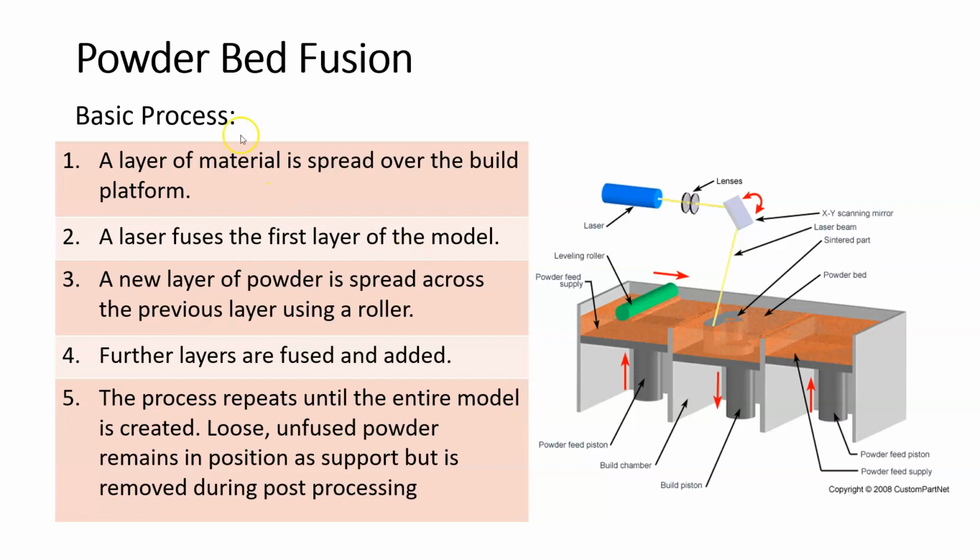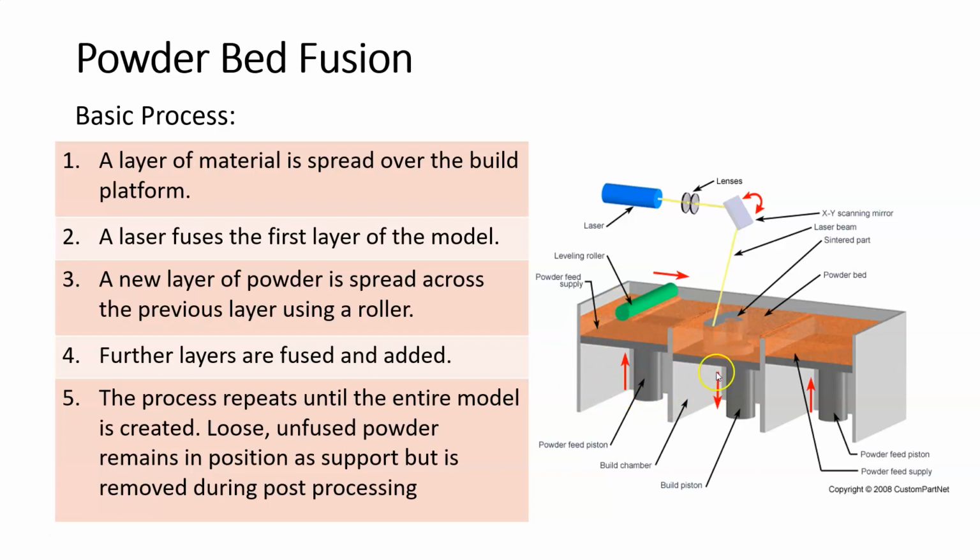Okay, so before we get into the basic outline here, let's look at the figure. All right, so you can see there's 3 areas where we have powder. The powder is going to start in this left powder feed supply. So imagine that this area is filled, this reservoir, and the powder feed piston in this case is going to be as low as it can go, right? So this area is filled with powder.